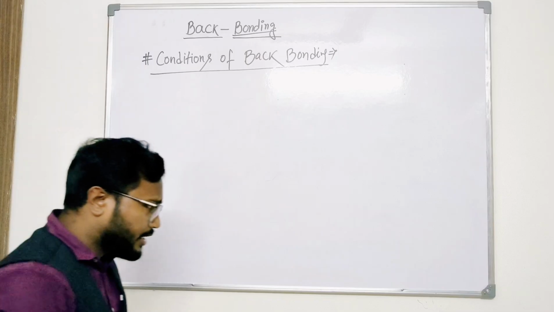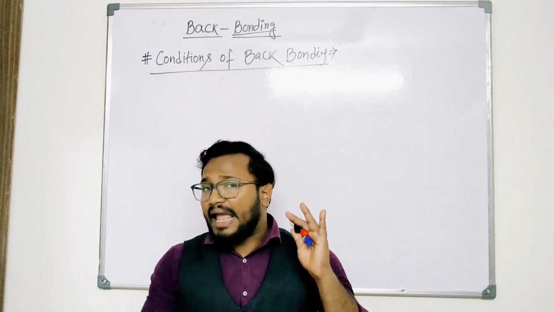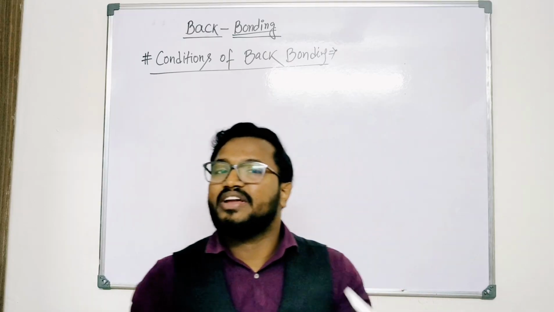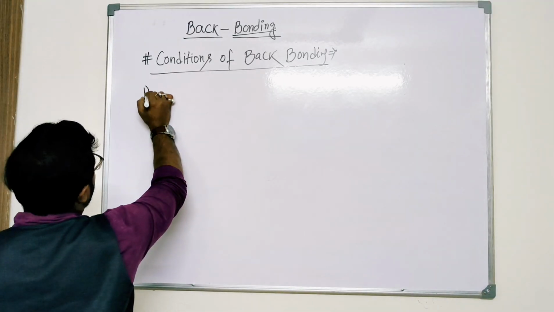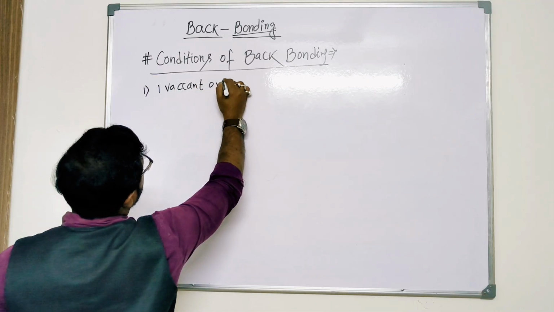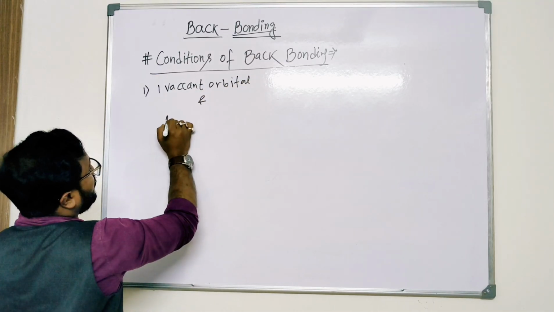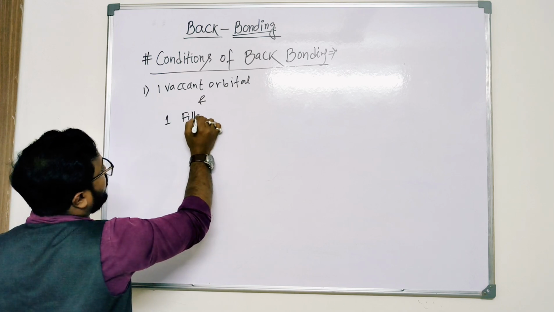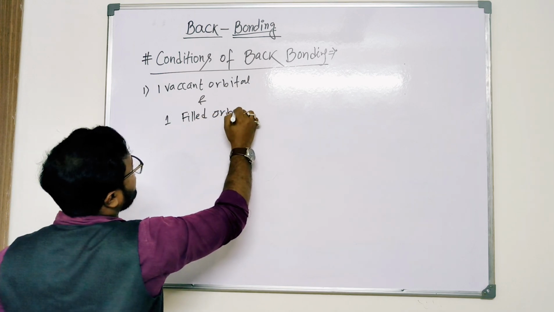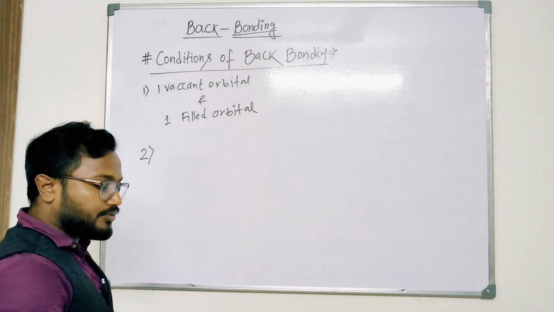First point you can say, one atom should have a vacant orbital and another atom should have a filled orbital. So the first requirement is one vacant orbital and another filled orbital.